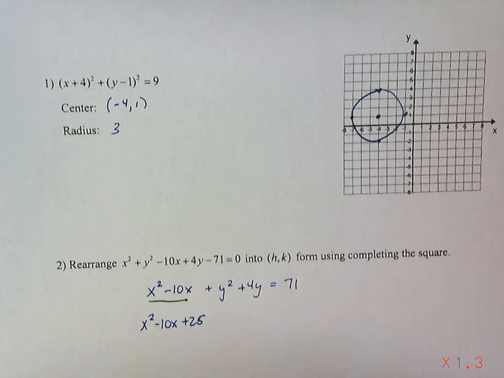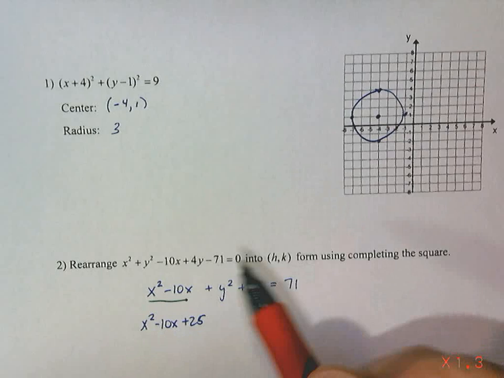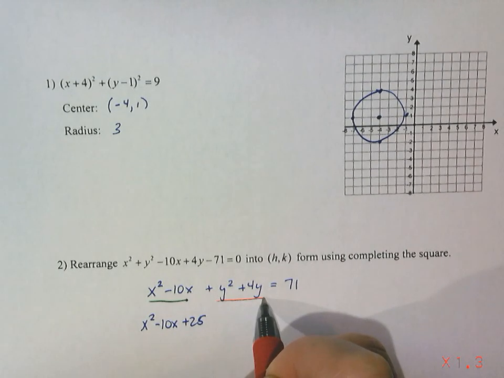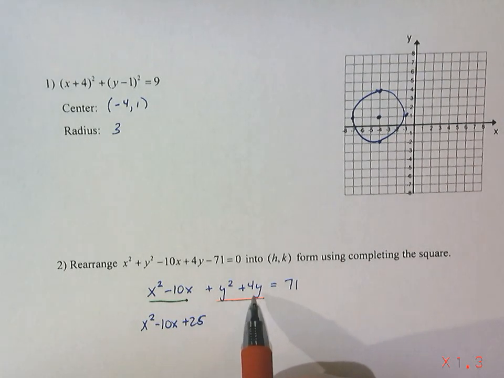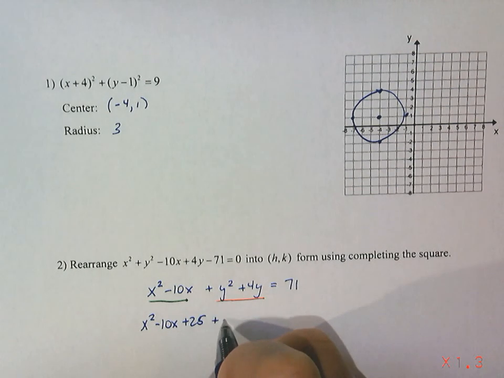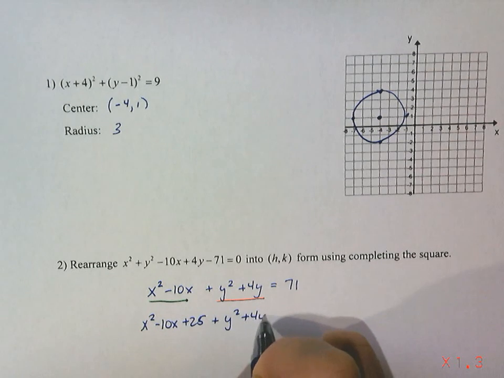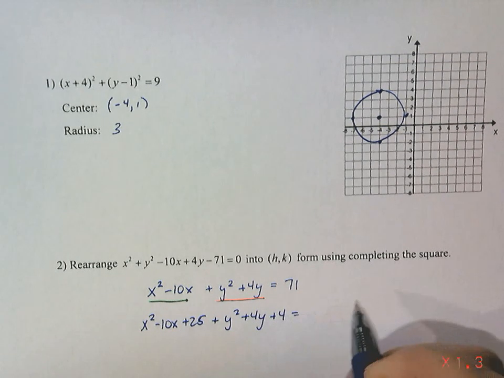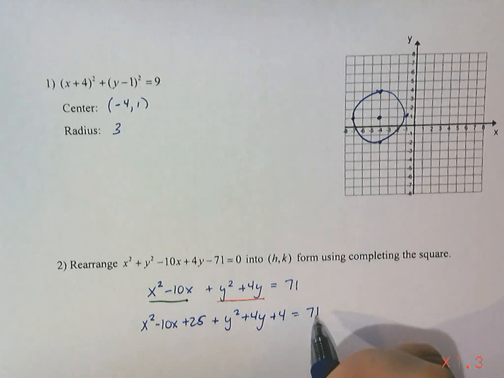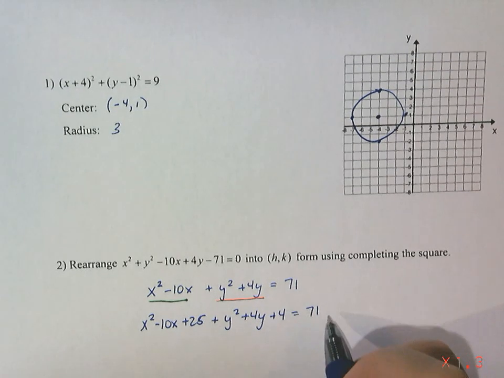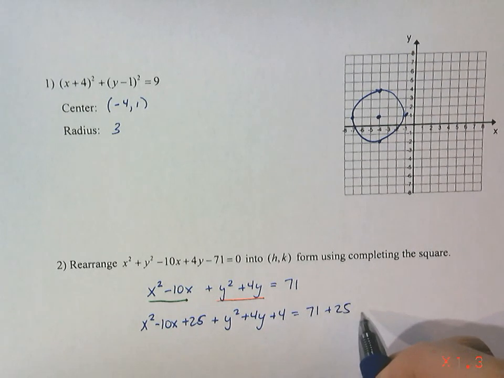But the next thing I'm going to look at is my y's. Y squared plus 4y, half of 4 is 2, and when I square 2, I get 4. So I'm going to get y squared plus 4y plus 4. So I have the 71, I added 25, and I added 4.